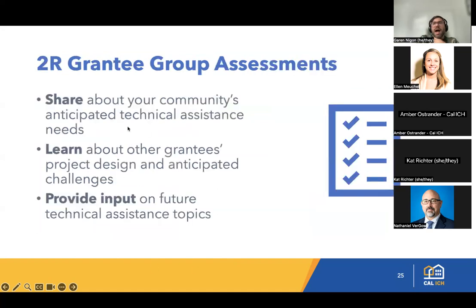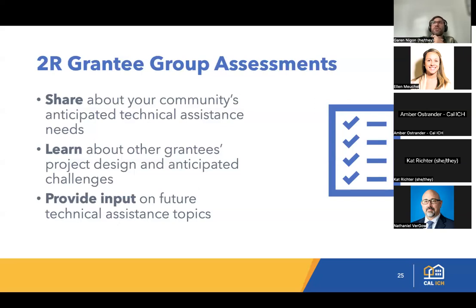And I want to start off with the first step for technical assistance. Crystal mentioned this earlier, it is going to be our ERF grantee group assessment. So we're hosting a series of group assessment calls. The goal is to identify each grantee's technical assistance needs.